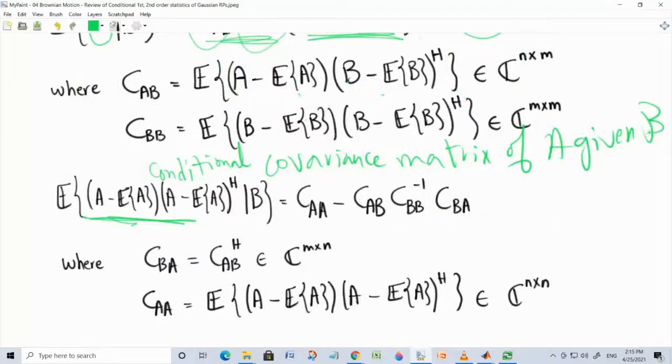These formulas are very, very important in signal processing, in statistics and so on, because in many cases we make the assumption that our random variables are jointly Gaussian.